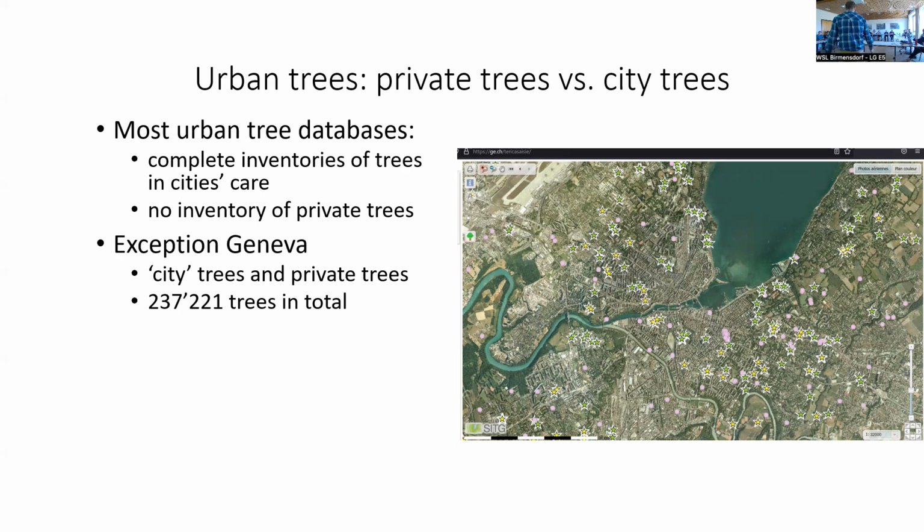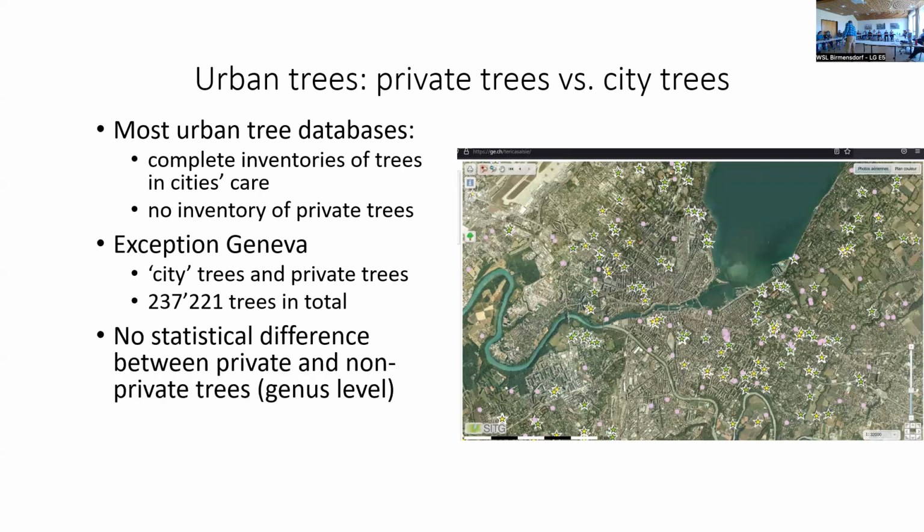And a lot of people did that. So the database of Geneva is great, because it is almost 250,000 trees, right? And about half of them are private trees. So we have some information about the species composition there.